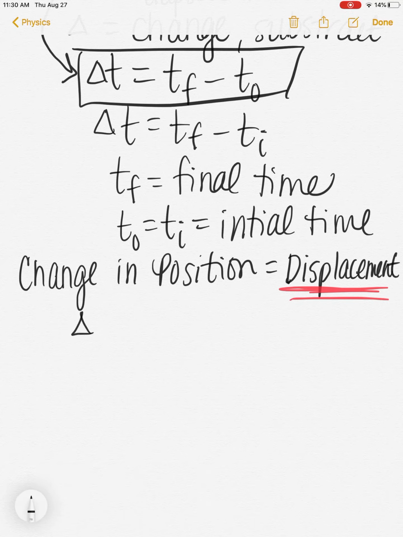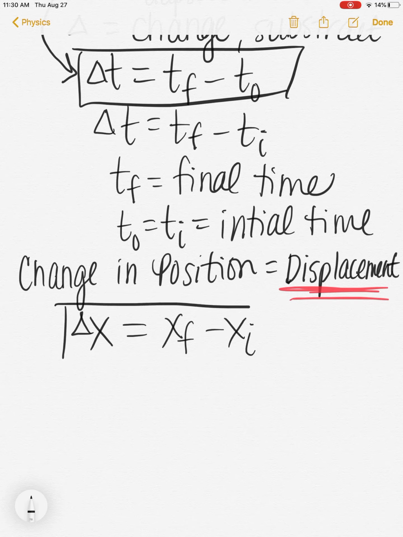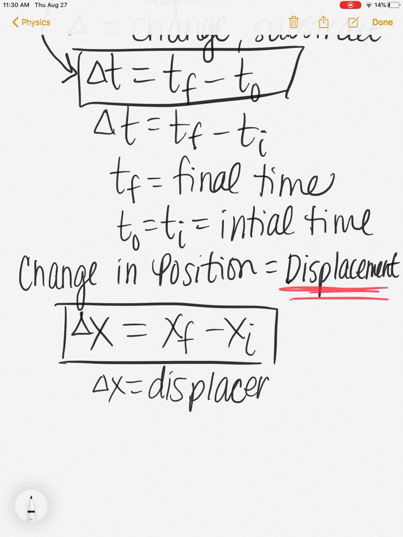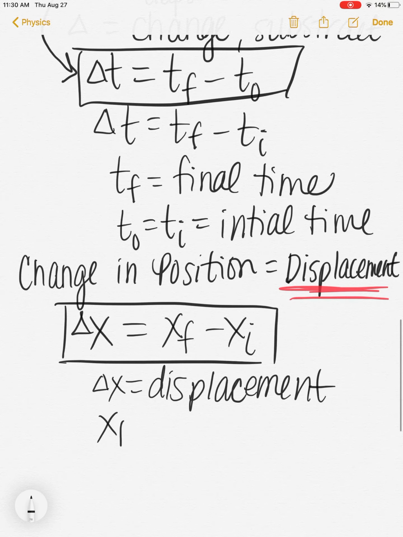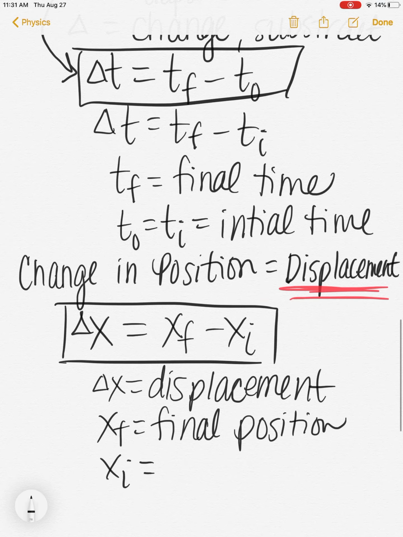So displacement is given the symbol of delta X, change in position, because position is described as an X. And much like the time equation that we had, delta X is equal to XF minus XI. So delta X, we said, stands for displacement, how far an object has been displaced or moved. XF is the final position where that object was located, and X sub I is your initial position.